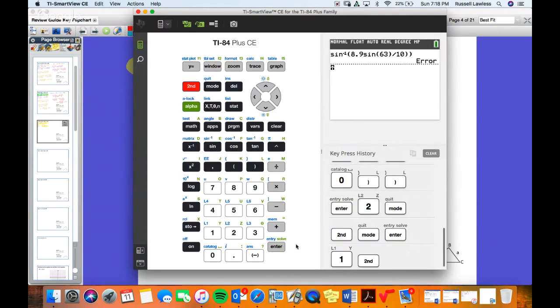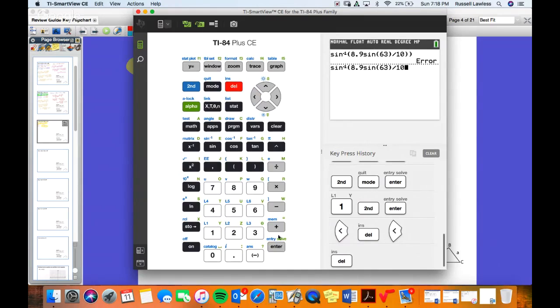Let's try this. Entry, delete. So, oh, I see what happened. For the first one, I did an extra parentheses, hence the error.